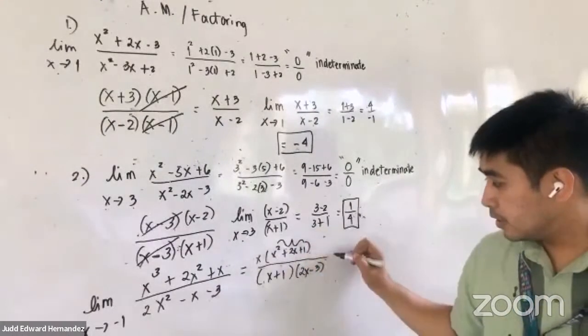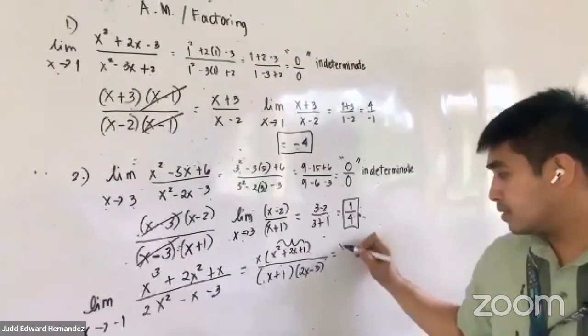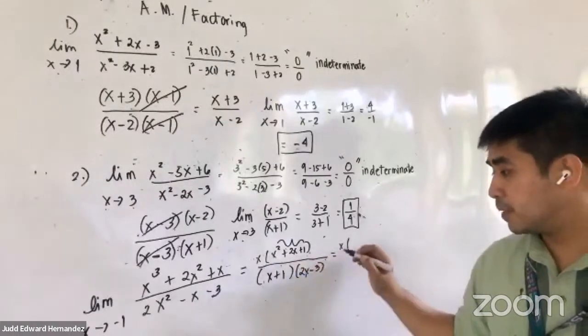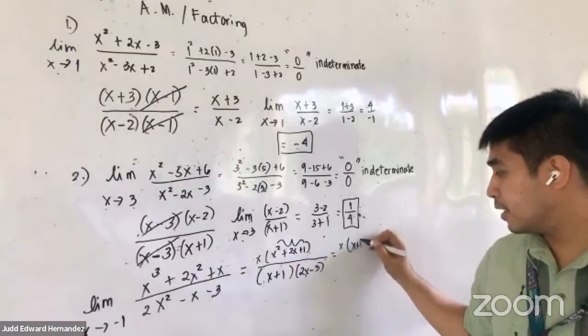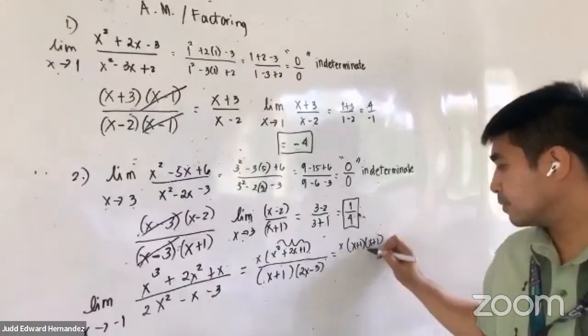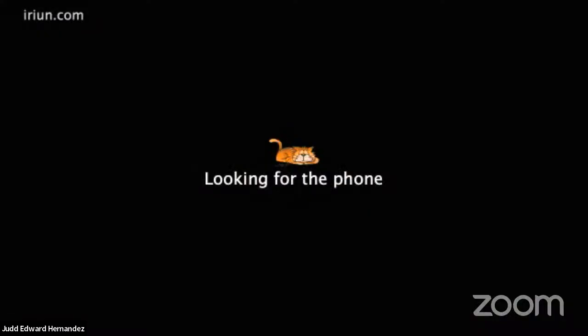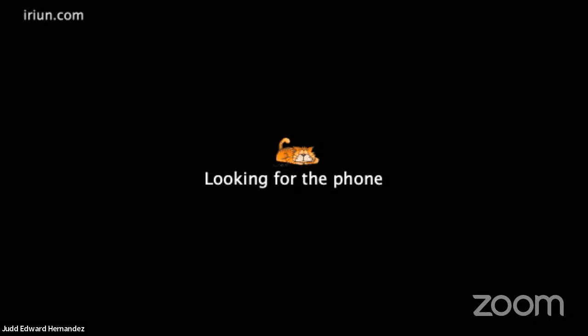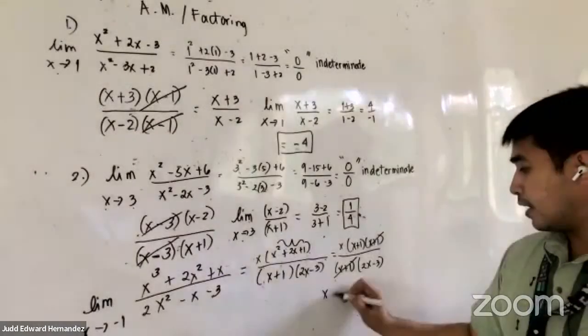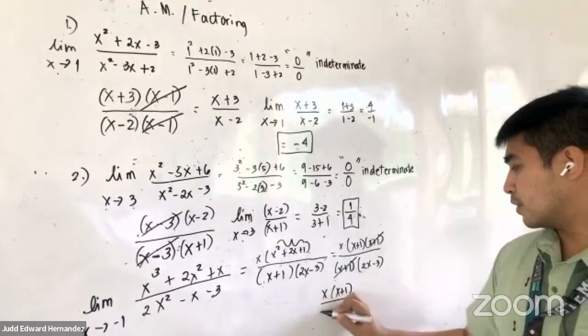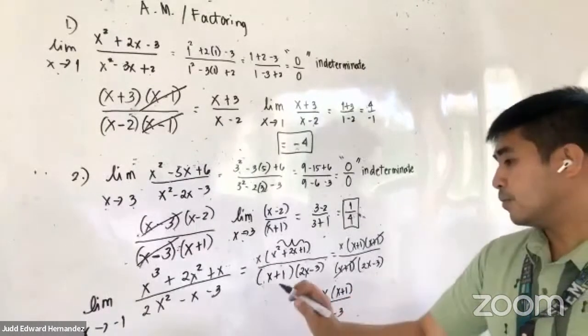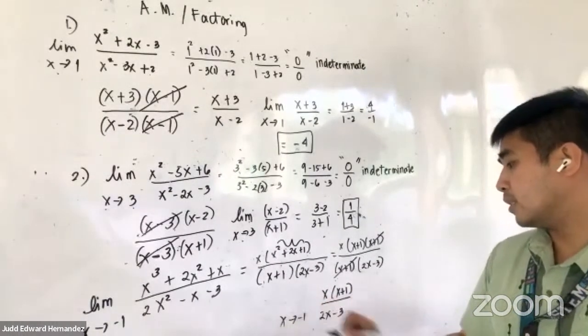For the numerator, the factors of x squared plus 2x plus 1 would be x plus 1 times x plus 1. Okay, over x plus 1 times 2x minus 3. Cancel x plus 1. And it is now equal to x times x plus 1 over 2x minus 3, wherein x is approaching -1.